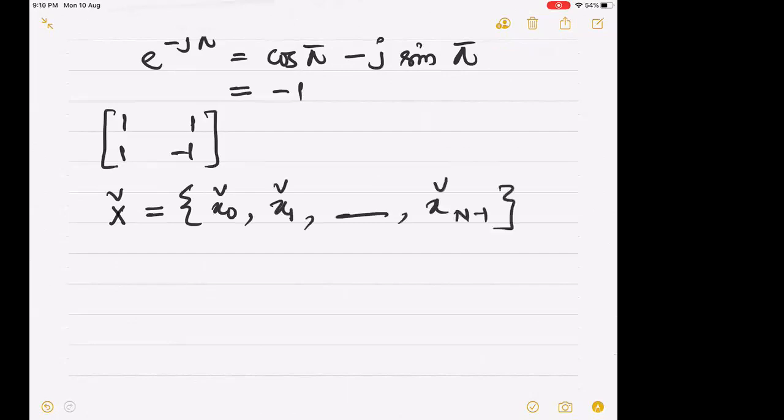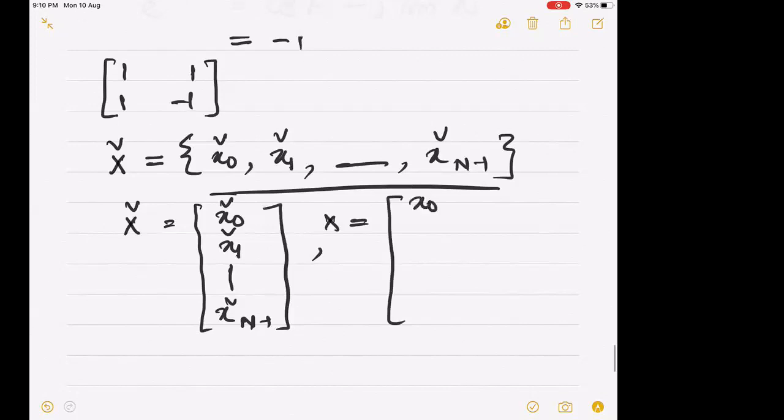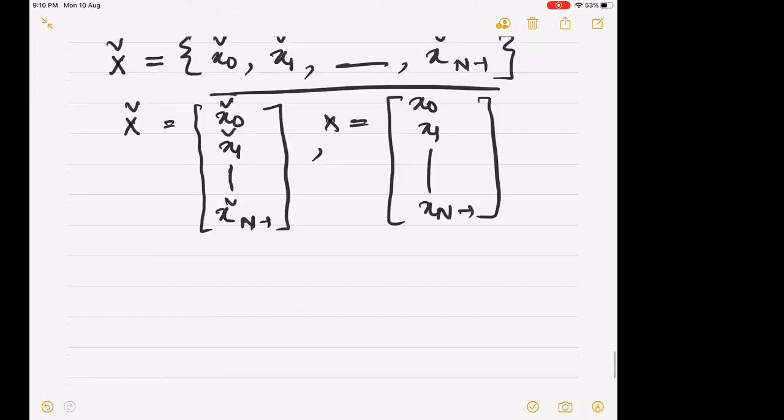If I call x check a vector like this, and similarly if I call the time sequence also a vector, then what happens is x check is given by this matrix F into X, and this F is the discrete Fourier transform matrix.